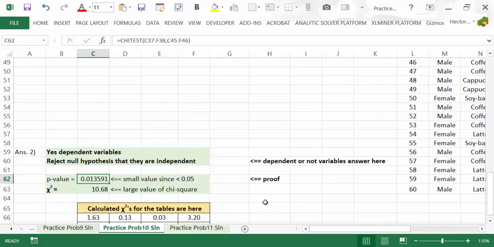Males prefer more coffee, and females have a more balanced view of the world in terms of their coffee drinks. So here's our answer. We reject the null hypothesis that they're independent in favor of dependency because this value is smaller than 0.05. That's the end of problem 10 in module 3.